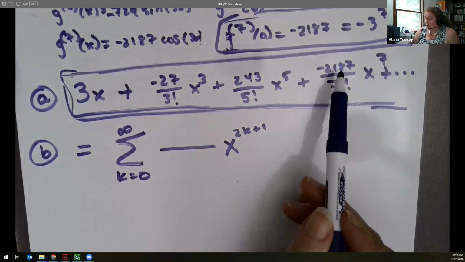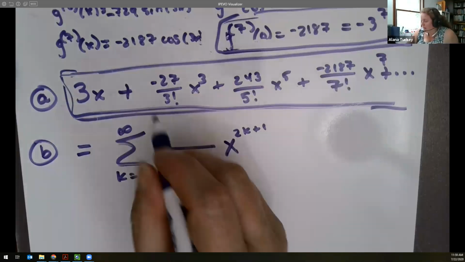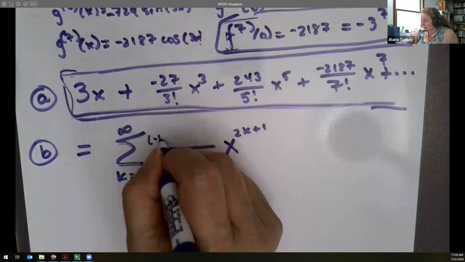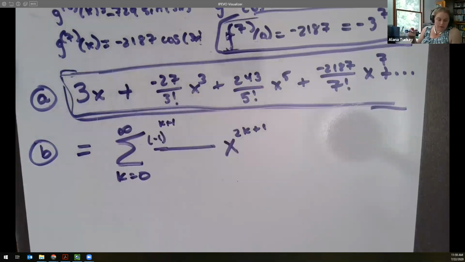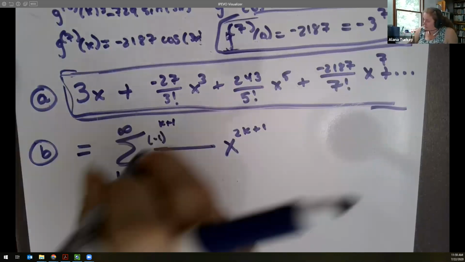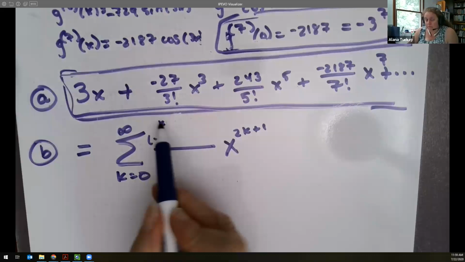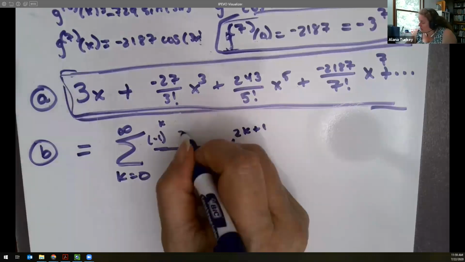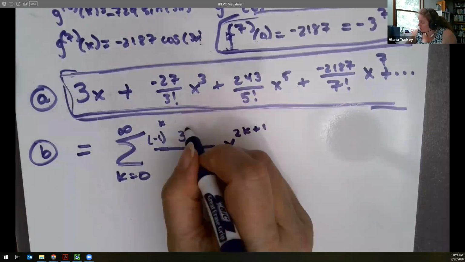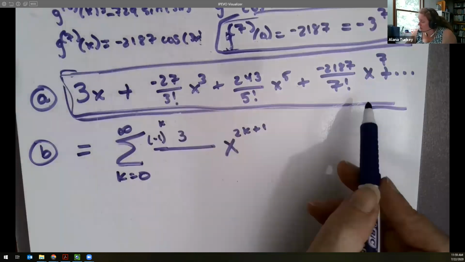And then it's doing the alternating thing, which I'll deal with. So I've got negative 1 to the k, because it's starting at a positive. So when I put 0 in, I've got to get a positive. And then it's doing 3 to the 1, 3, 5, 7, so it's the same thing as this.